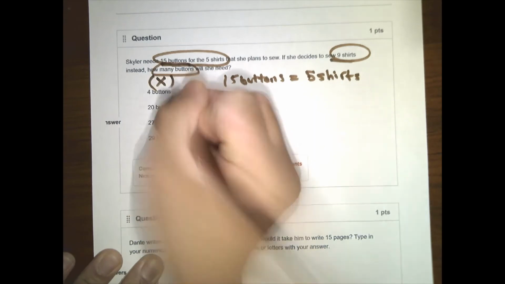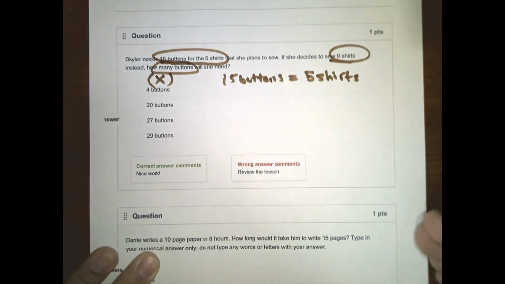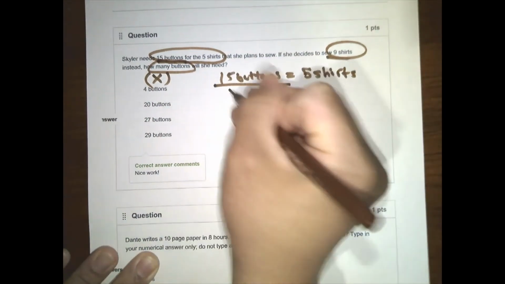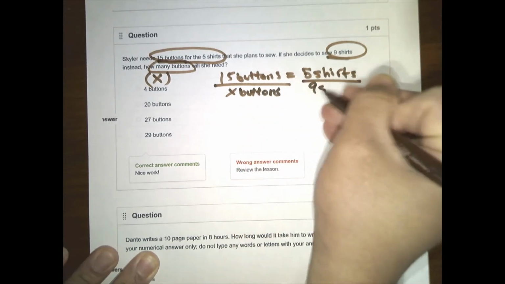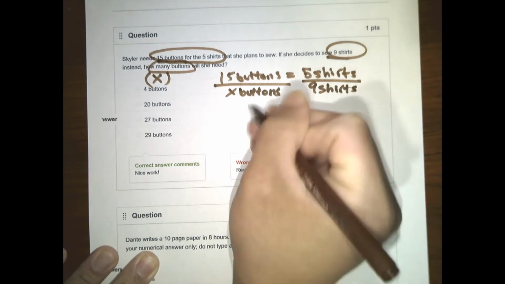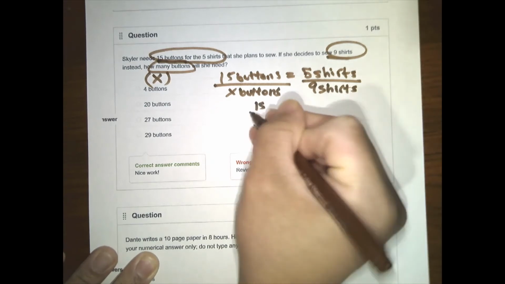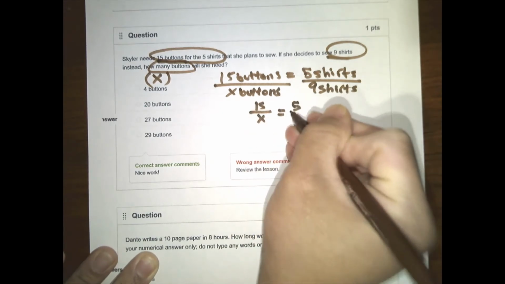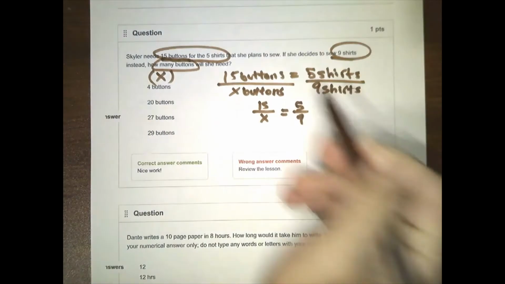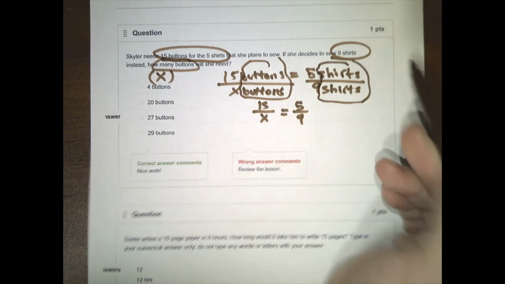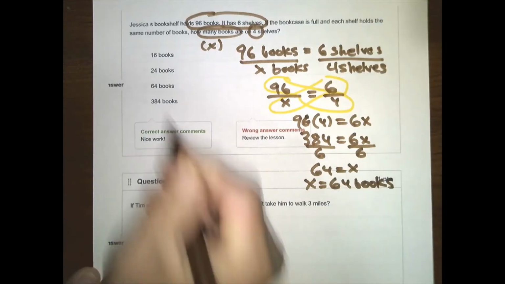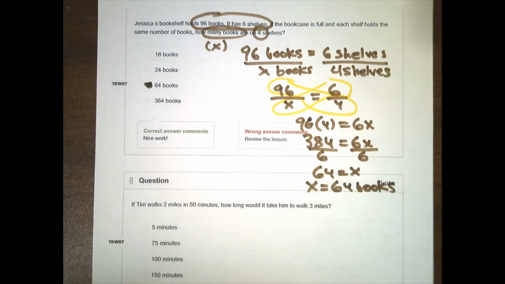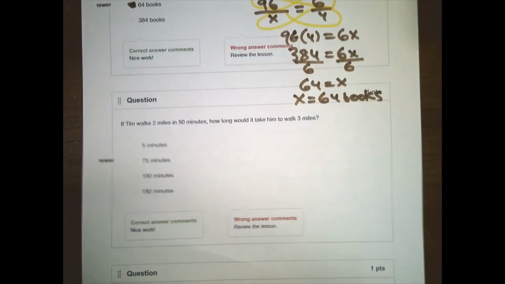So X is the number of buttons that she will need. I don't know that. So I'll write X buttons under the 15 buttons and the 9 shirts under the 5 shirts, so that I just have a proportion of 15 over X is equal to 5 over 9. Again, I need to line up the buttons and the shirts so that the units are all aligned.